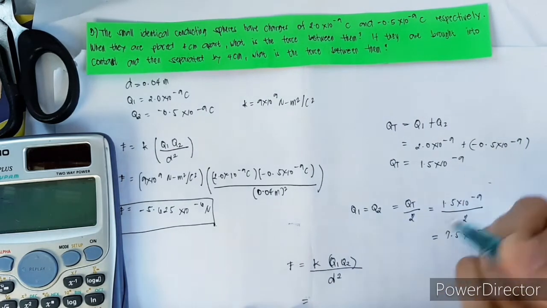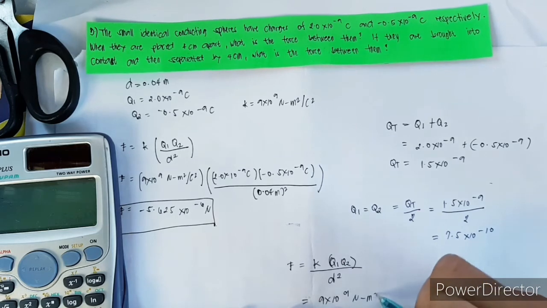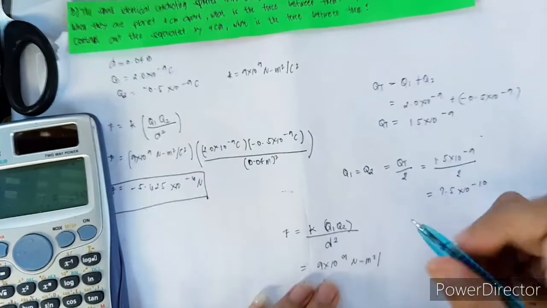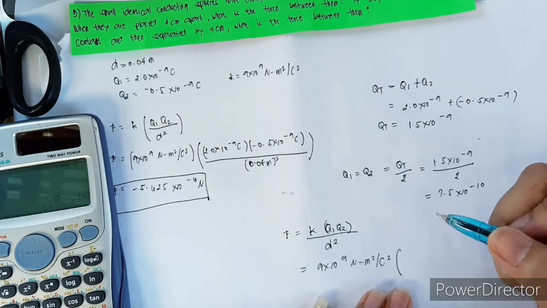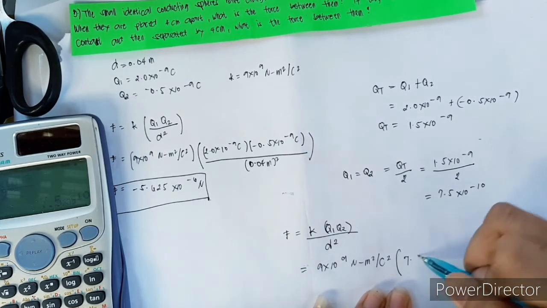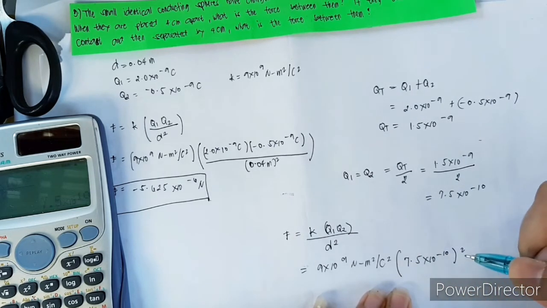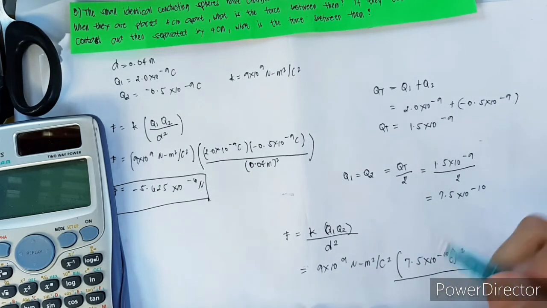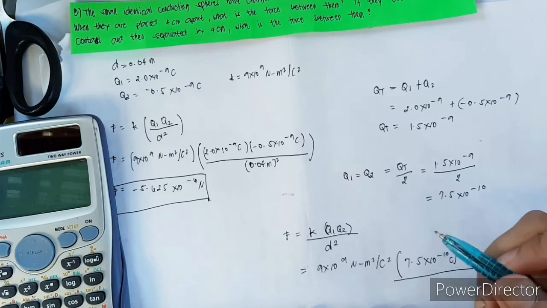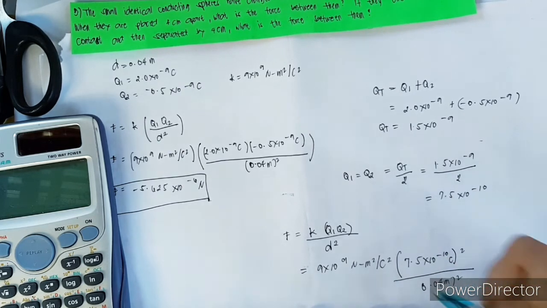For the value of K, we have 9 times 10 to the power of 9 newton meter squared per coulomb squared, and the values of Q1 and Q2, which are 7.5 times 10 to the power of negative 10 squared, in coulombs, divided by the distance of 4 centimeters, converted into meters is 0.04 meter squared.